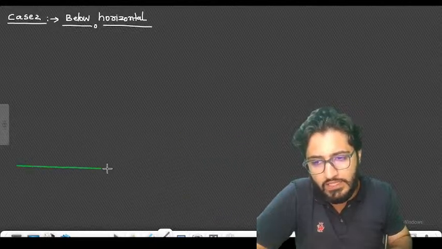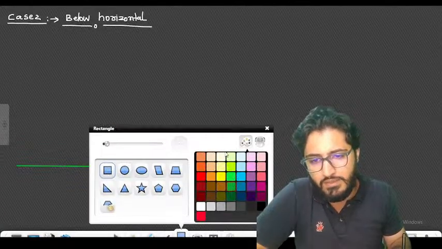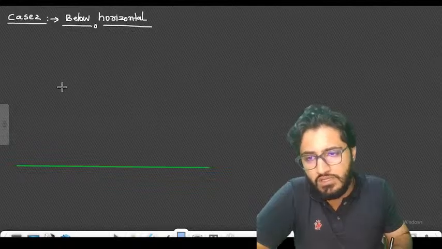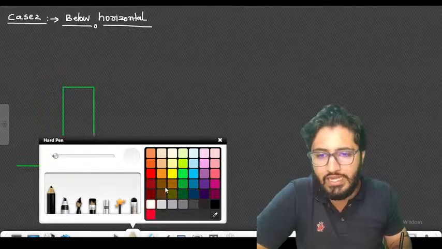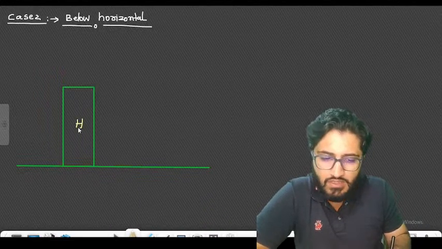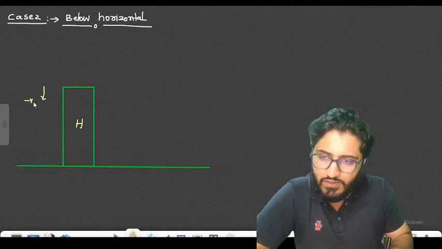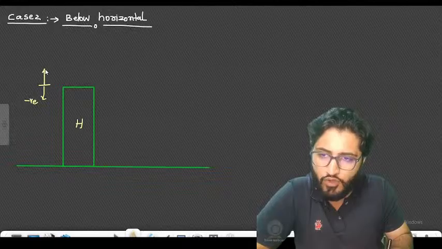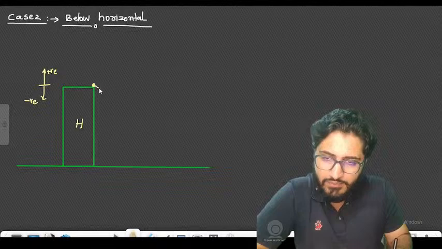This is my ground reference frame. Now I am making a building. Here is my building. The height of the building is h. As we know, downwards I will write as negative and upwards as positive. Here we are throwing something in this direction.